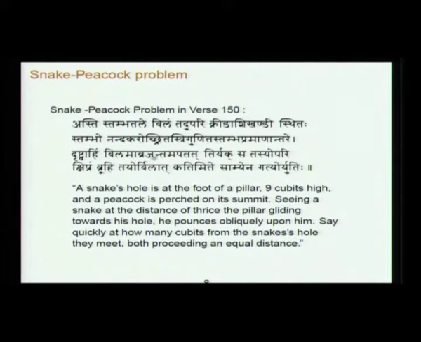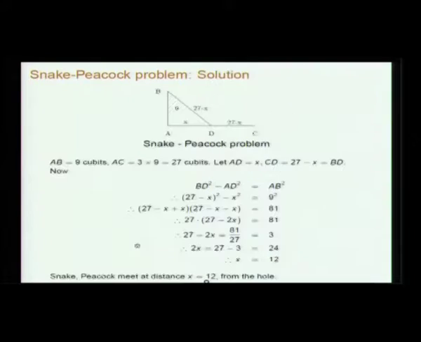So, a snake's hole is at the foot of a pillar 9 cubits high, and a peacock is perched on its summit. Seeing a snake at the distance of thrice the pillar gliding towards his hole, he pounces obliquely upon him. Say quickly at how many cubits from the snake's hole they meet, both proceeding an equal distance.